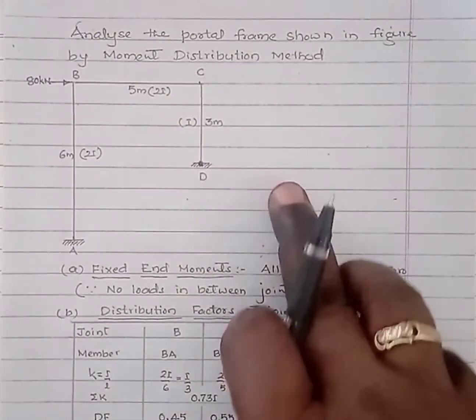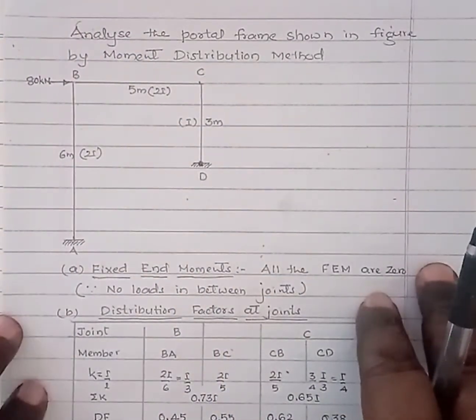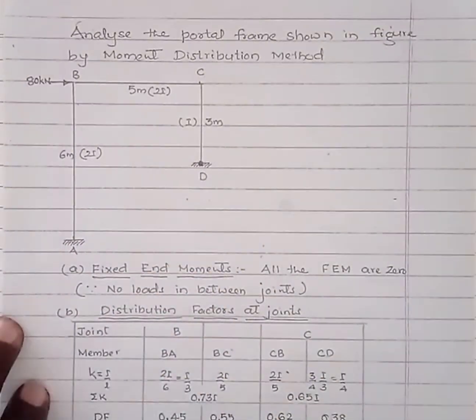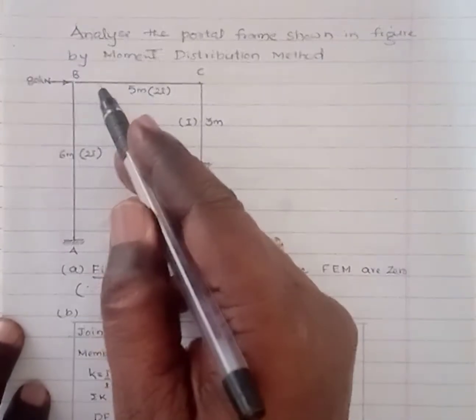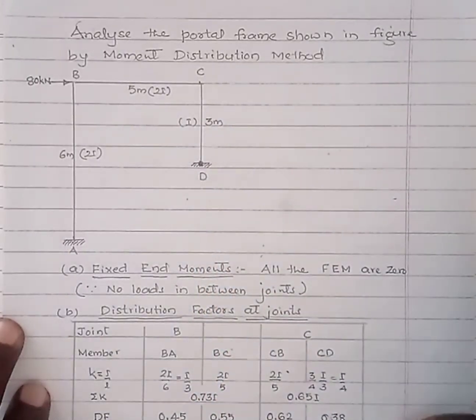By observing this diagram, this one is non-symmetrical and is subjected to a lateral force. Hence, there may be a sway to the right side. That is, let delta be the lateral sway.